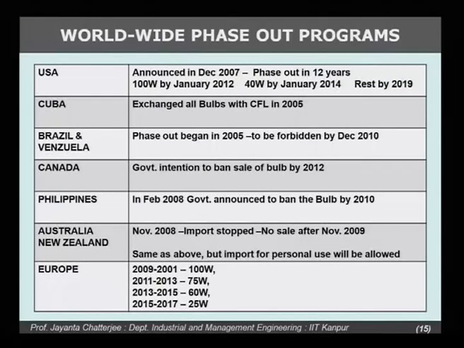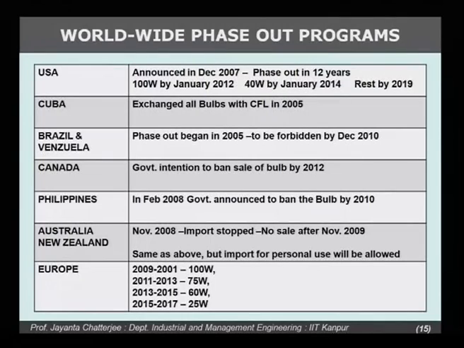I have some clues here for you on how countries across the world have developed phase out plans for ICL. So, there is a legal mandate that by 2012 all 100-watt bulbs will be banned in the US, 40 watts by 2014 and the rest by 2019.